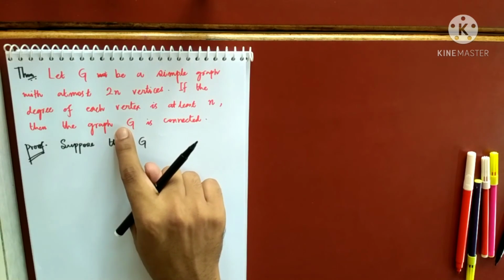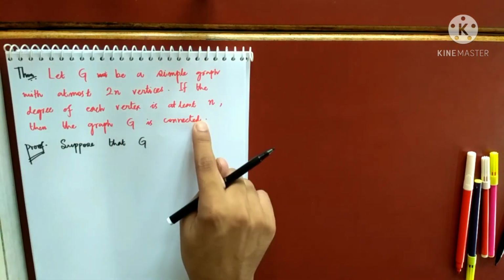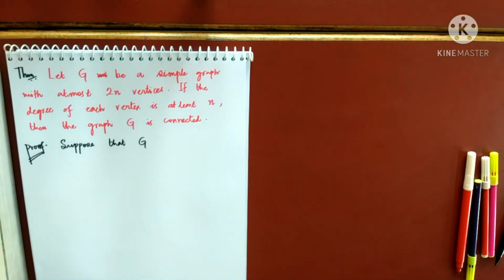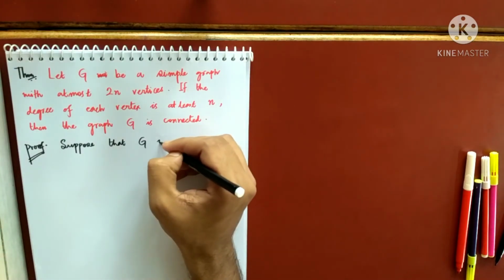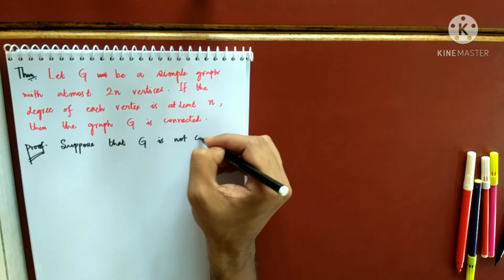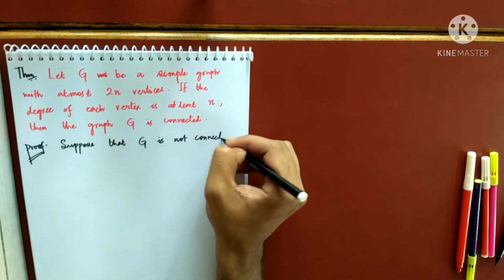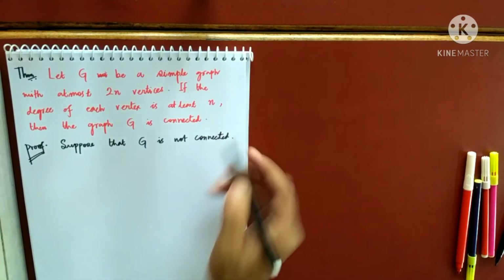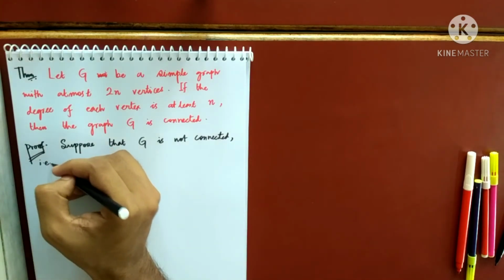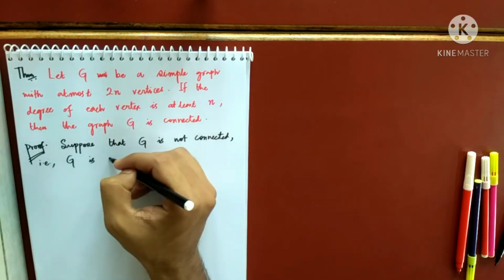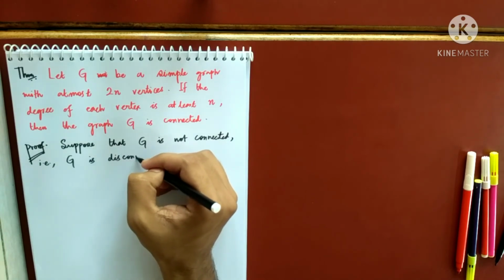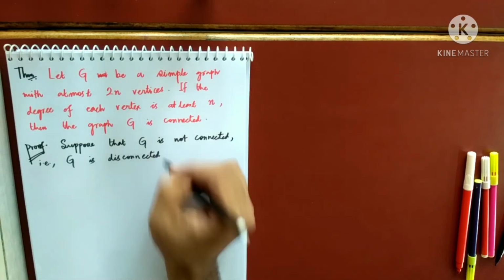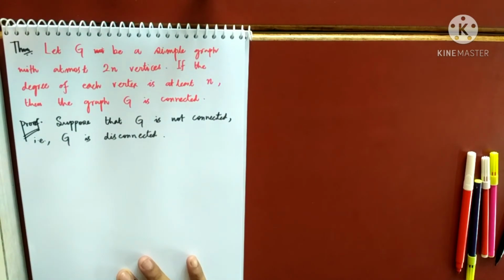I am assuming that G is not connected, and that will lead to some contradiction. We'll see how. Suppose that G is not connected, that is, G is disconnected.